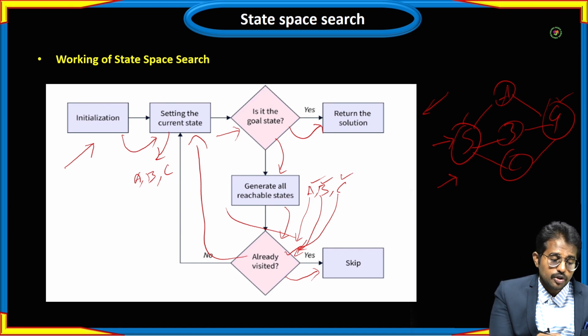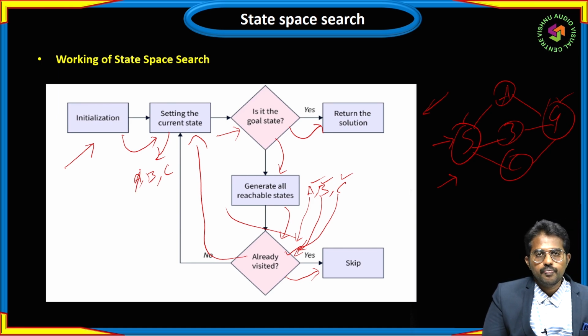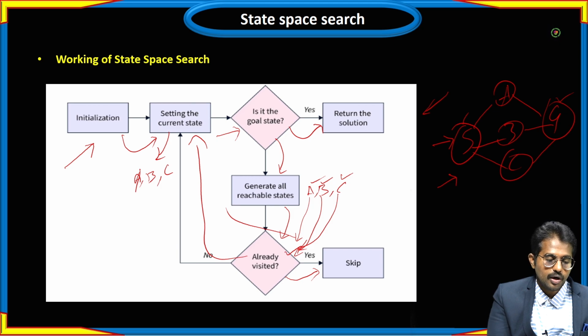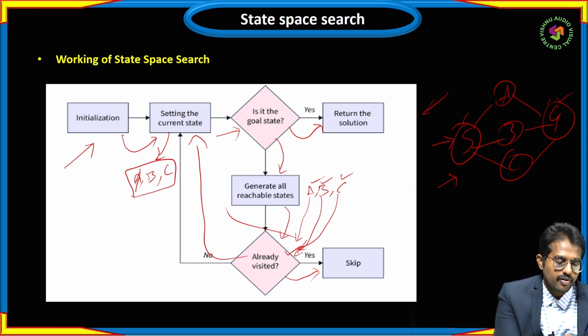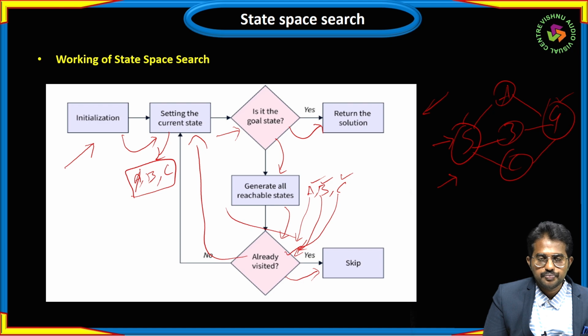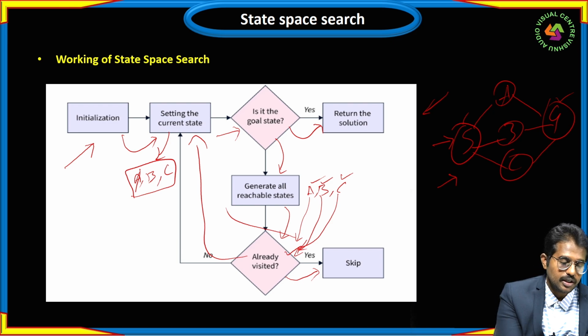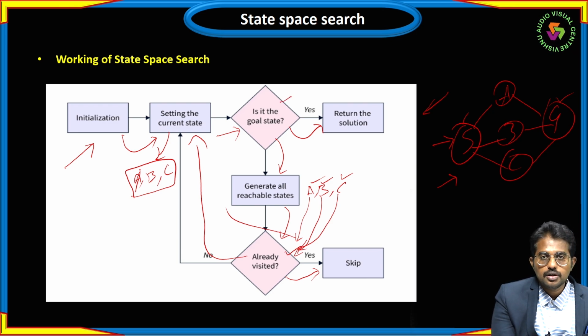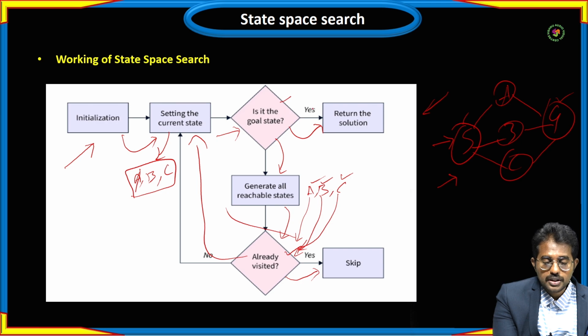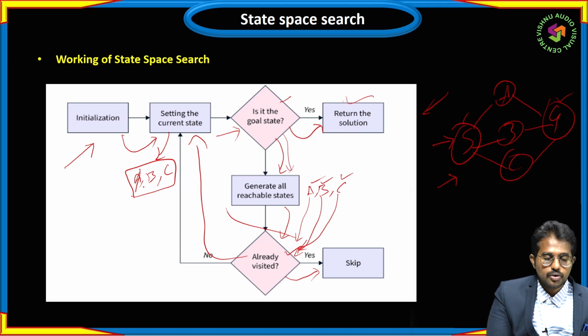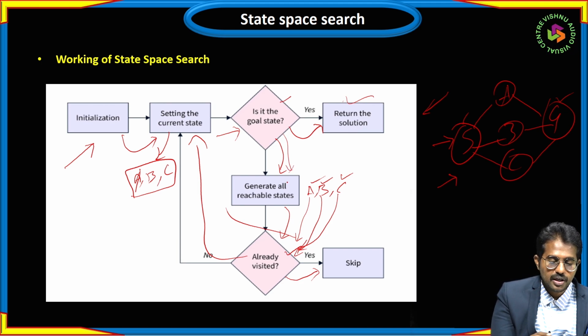Next, we try to get an element. Now we have three different states in the current state queue. From those three states I select any state and check whether it is a goal state. If it is a goal state, we return the solution. If not, we generate all the reachable states for that state.